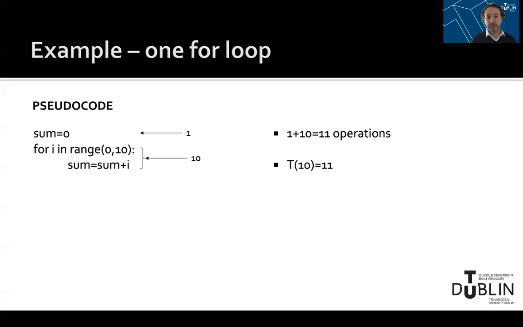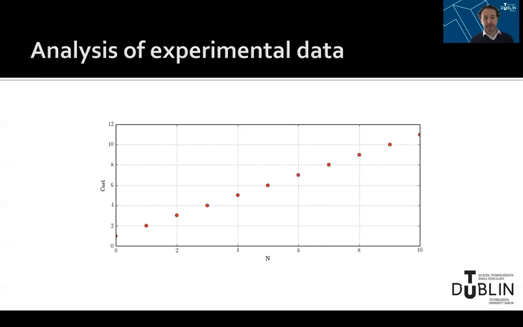Now, how many operations for 10 loops? Sum is equal to 0 is 1 operation as before, and then this loops 10 times, so 10 operations, so 11. And this generalizes to T(n). If you change that to be n, it's n plus 1. And that's where we get this graph here.